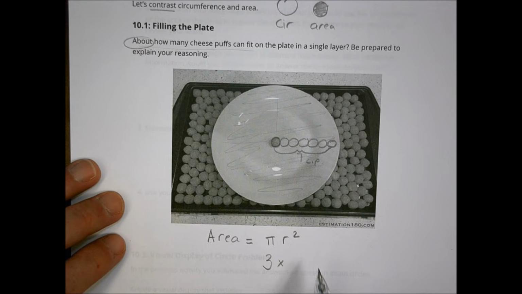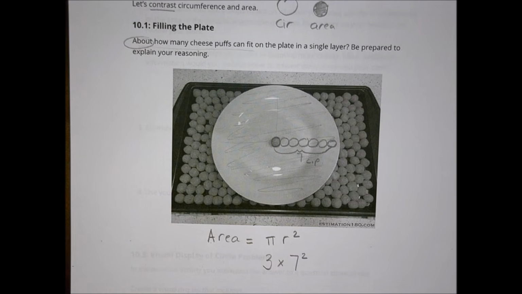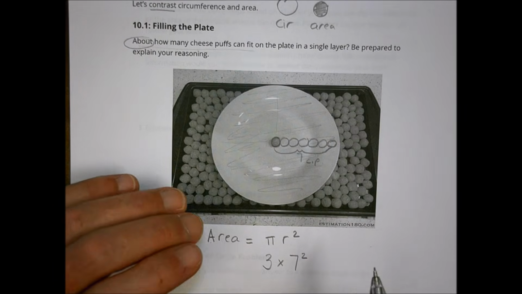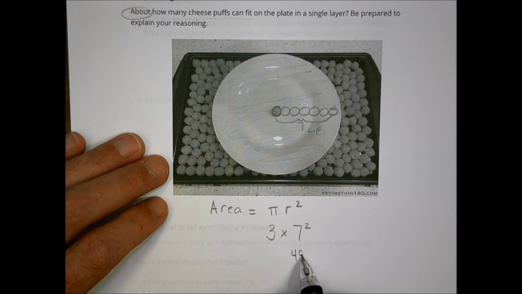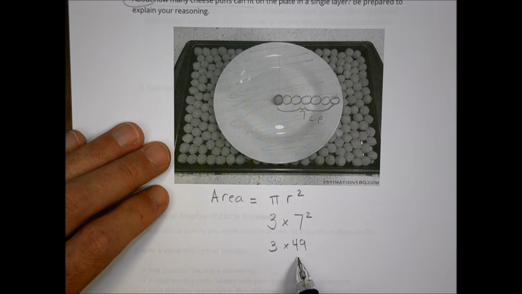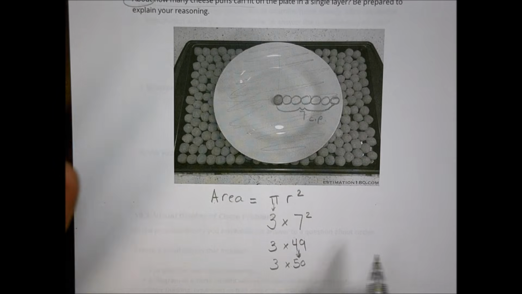And I can use my radius, which I said was about 7 cheese puffs, squared. So 3 times 7 squared. Well, 7 squared is 49, and 49 is really about 50, so I'm just going to do some rounding here. So 3 times 50. Again, we're estimating pi as 3 and rounding up, so it's not precise.